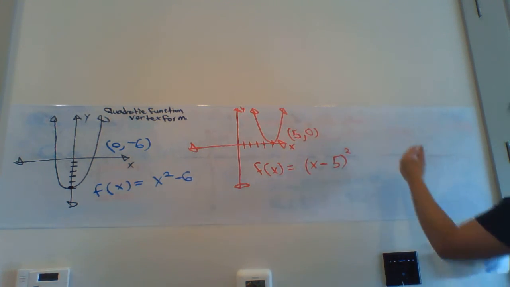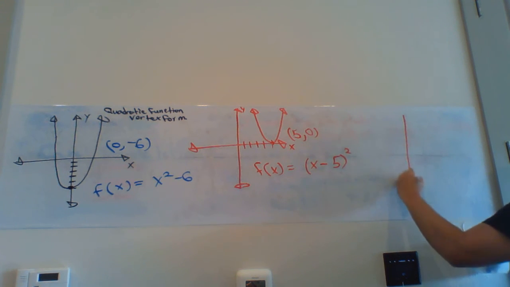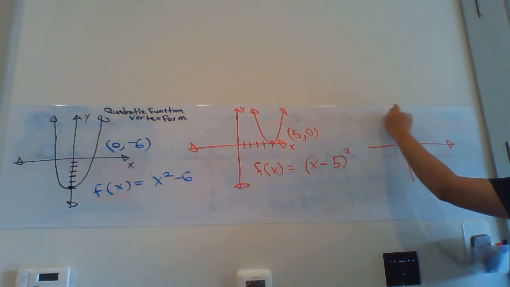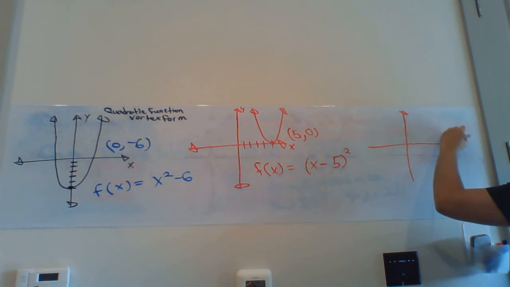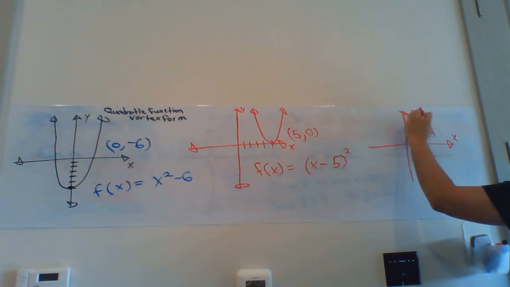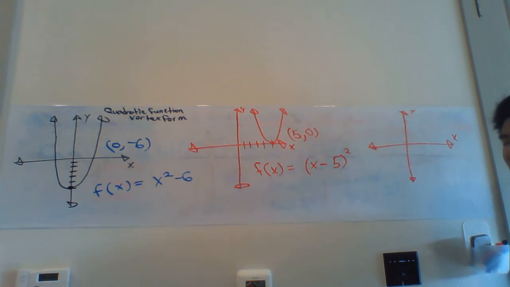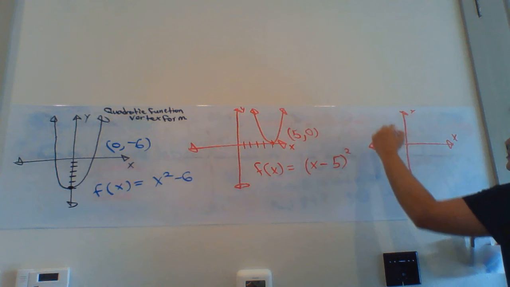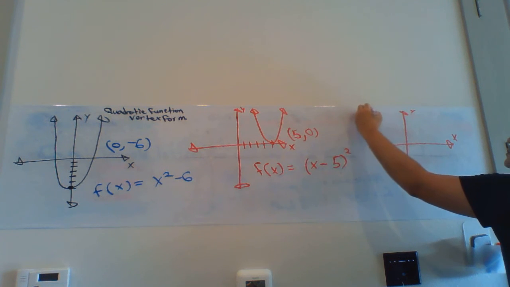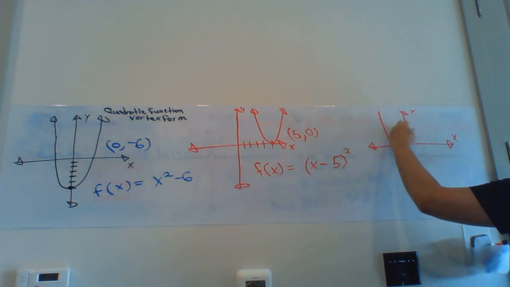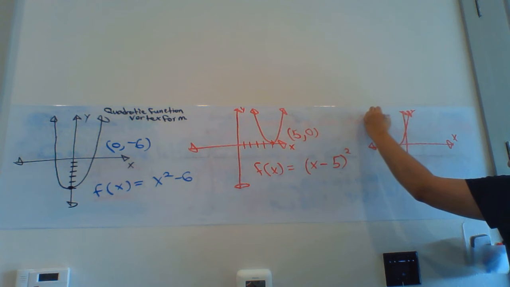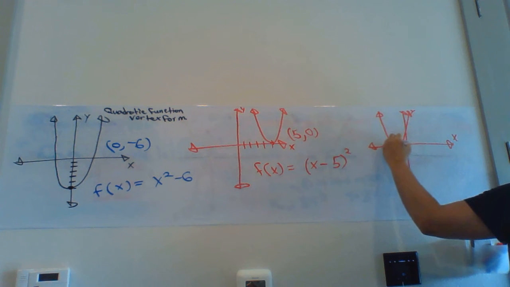All right, so let's do another one real quick. We got x, we got y. There we go. And let's move it to the left. I'm going to move it to the left about here. And I'll make it 1, 2.